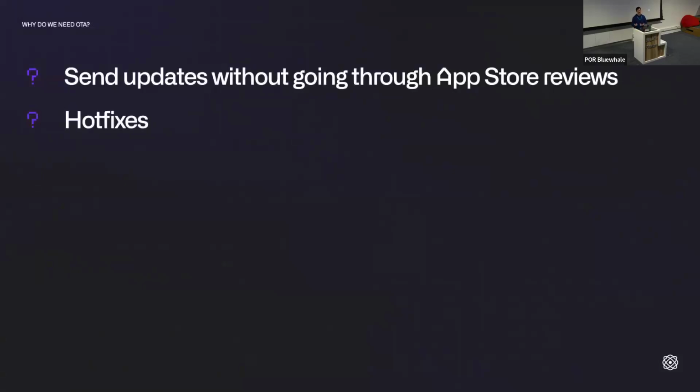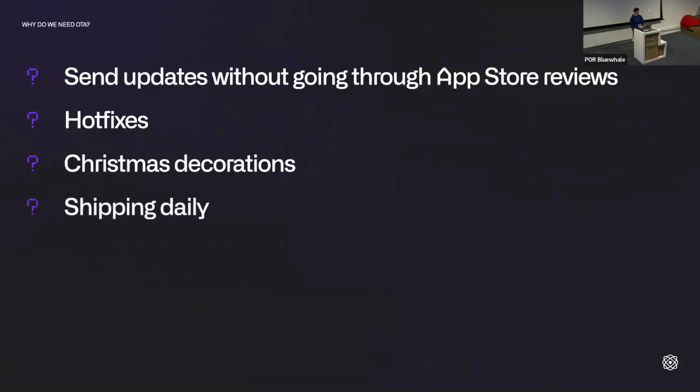The App Store reviews, we know that it's much longer. So maybe you want to send updates there. So use OTA, usually do hot fixes, Christmas decorations, or anything that wouldn't change the look and feel of your app too much, because then we know Apple wouldn't like it. And basically we use it to ship daily, right? We use it to ship fast and to avoid these long reviews of the app stores. I bet you already know that.